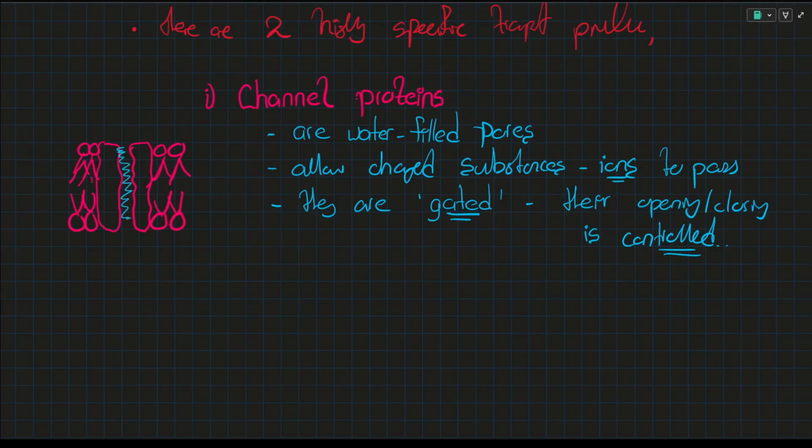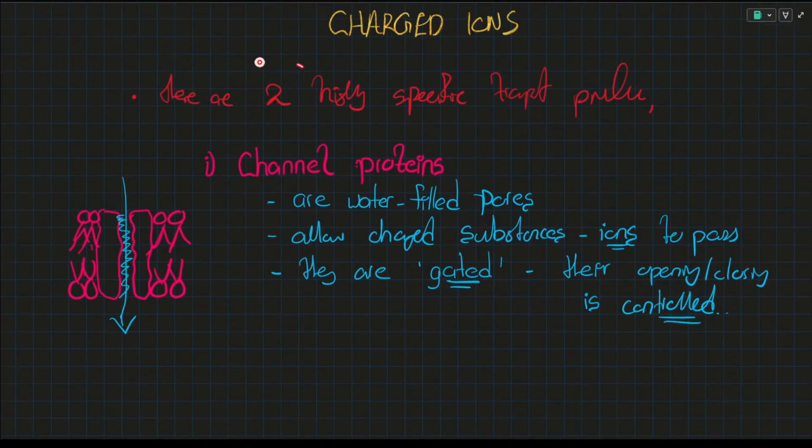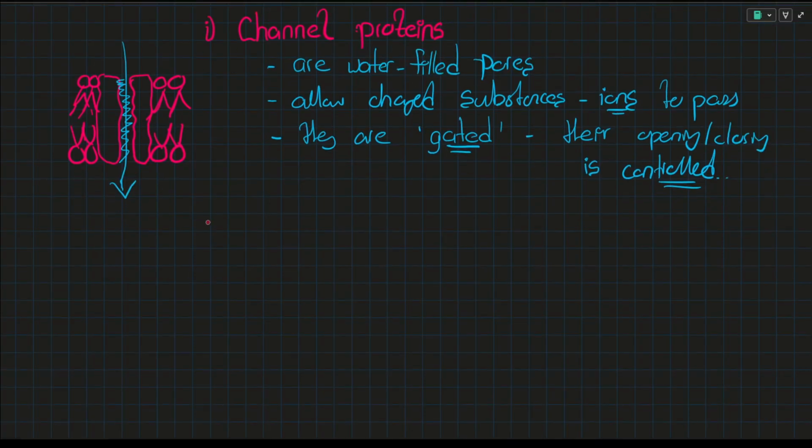So I'll denote the water like that, and things can freely pass through like that. Now we said we have two highly specific types of transport proteins, and we discussed the first one. We call them channel proteins. The second type is known as a carrier protein.